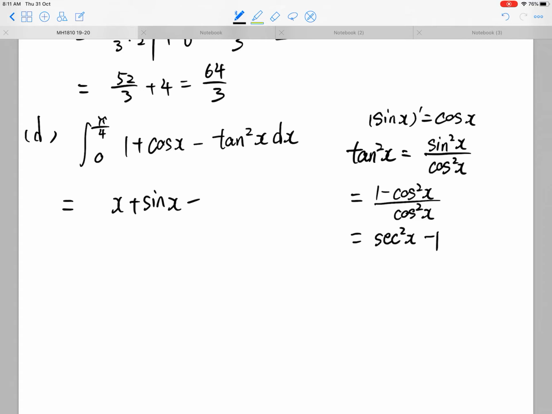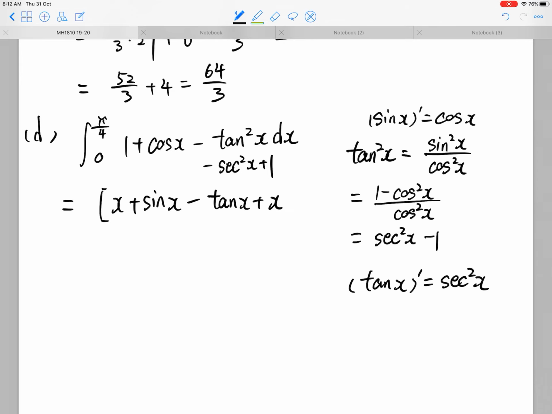The second part is minus 1. So you can change minus tangent x squared to minus secant x squared plus 1. Then secant x squared, notice that tangent x's derivative is secant x squared. So you can minus tangent x and then plus x.